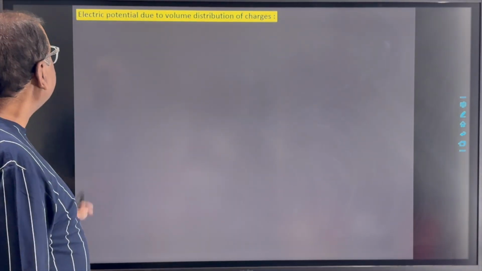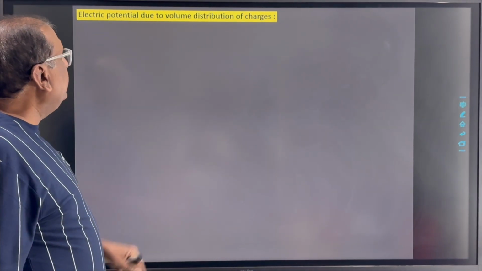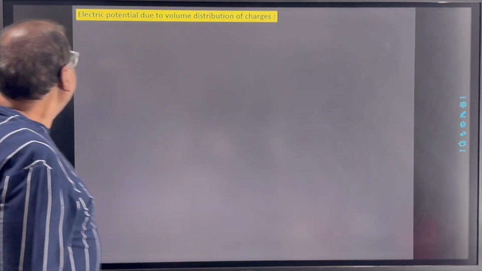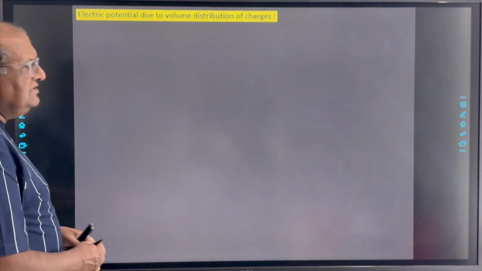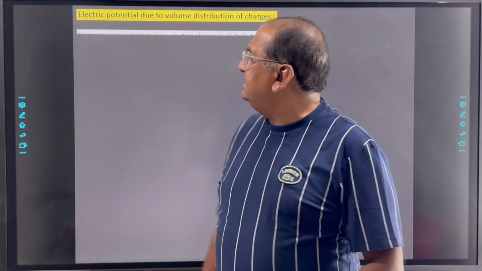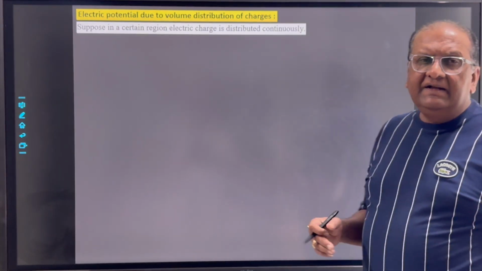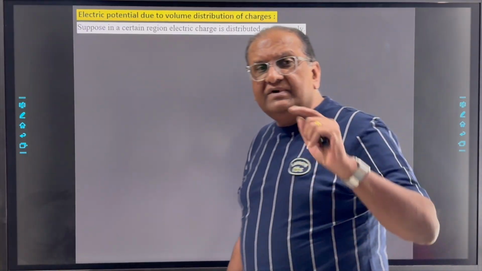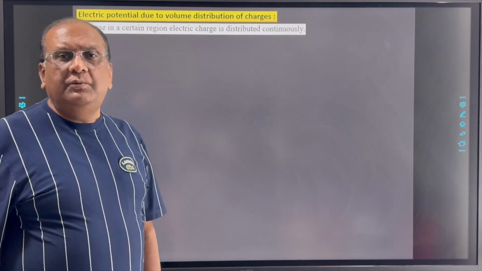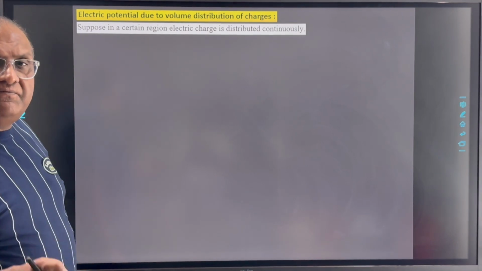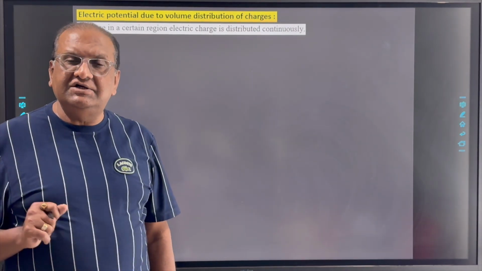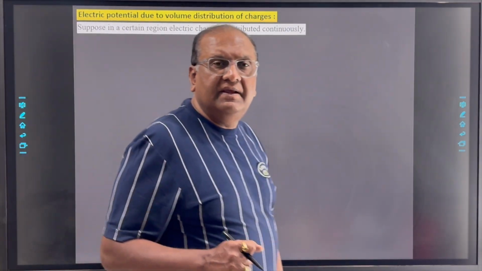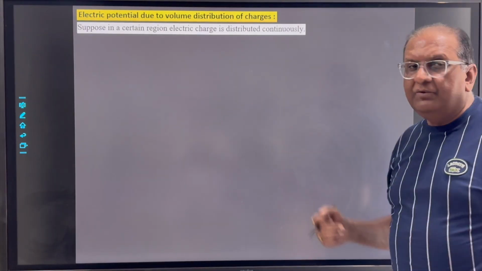Dear students, now the next topic, that is electric potential due to volume distribution of charges. Suppose in a particular region a distribution of charges is given to you, and this distribution is a continuous distribution. In the previous chapter we studied the electric field due to continuous charge distribution, right? So here we can easily understand how to calculate this potential.